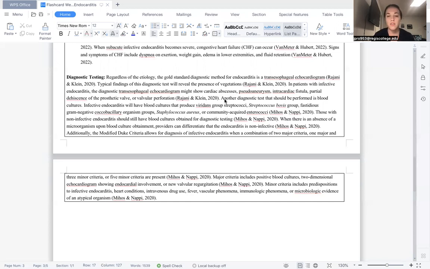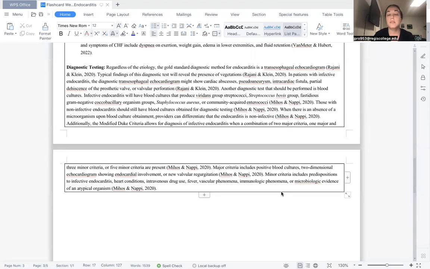I went into further detail with that and just wanted to let you know that the major criteria include positive blood cultures, a 2D echocardiogram that shows endocardial involvement, or new valvular regurgitation. The minor criteria include predispositions to infective endocarditis, which we went over earlier, the risk factors.